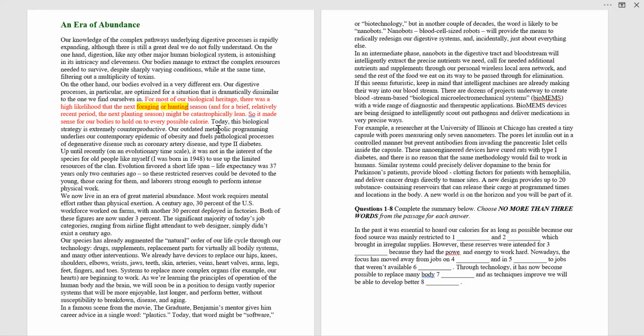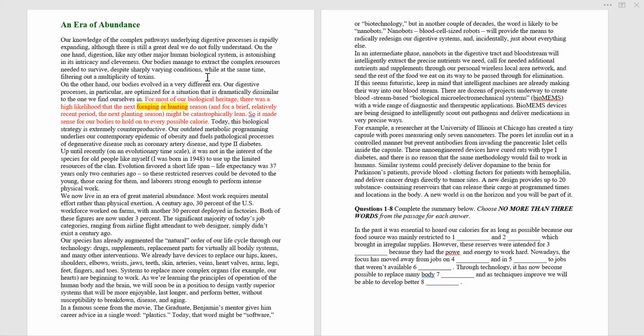Now moving next, however, these reserves were intended for dash because they had the power and energy to work hard. Now again, first look at what the option is trying to convey to us, and according to that we pick the answer for the third question.